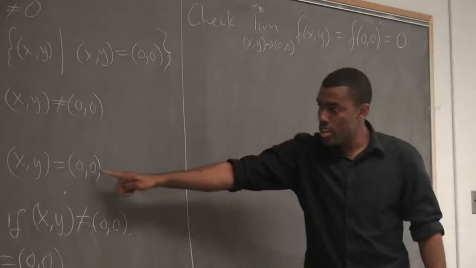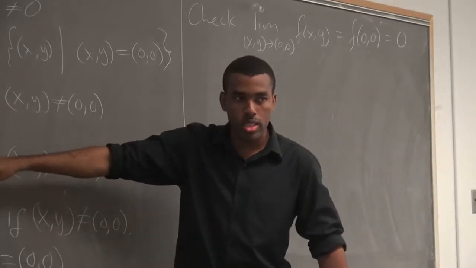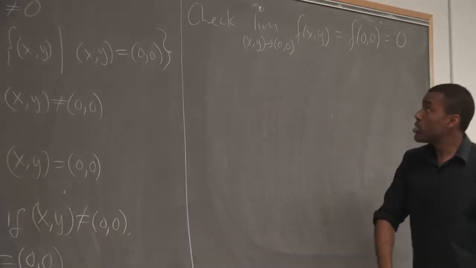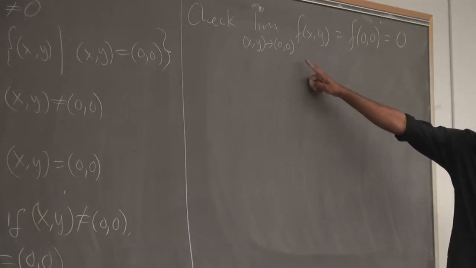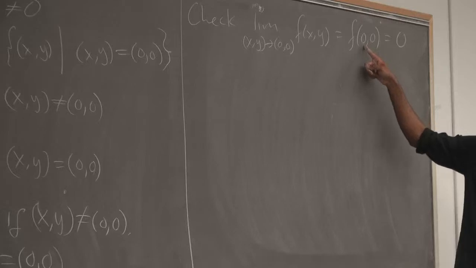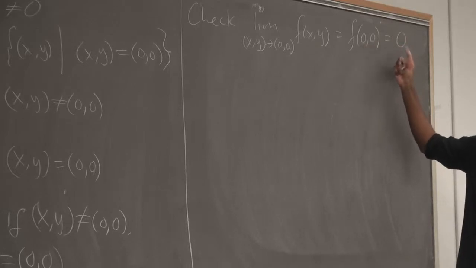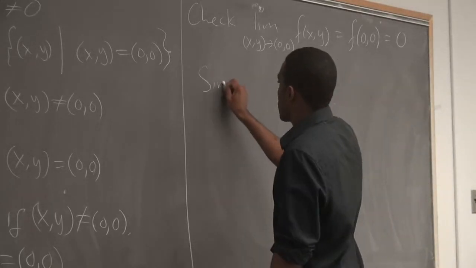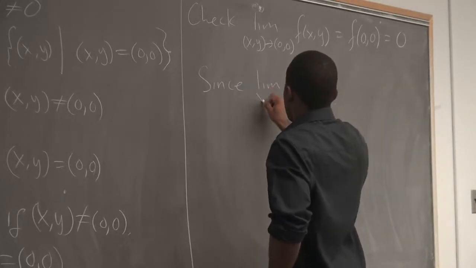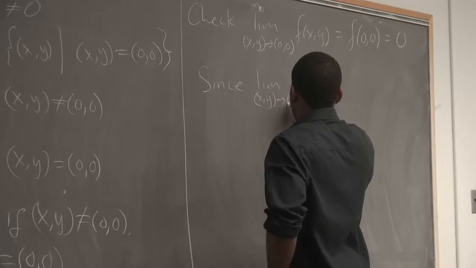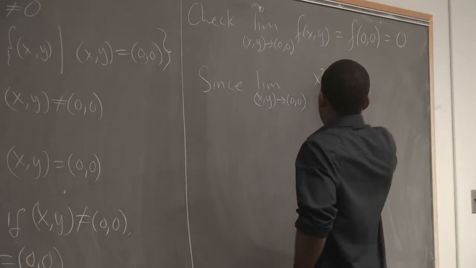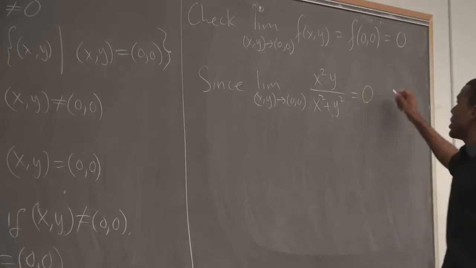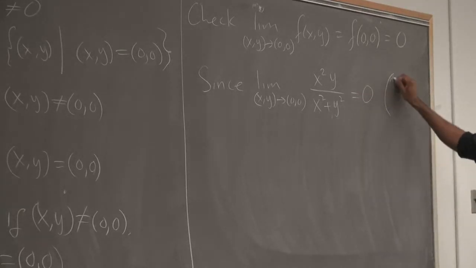So here I said at the origin I define my function to be 0. If I'm not at the origin, I'm that. So what I'm going to do is take a limit approaching the origin, and I should get the same definition at the origin, which is 0. And is that the definition that we got? Since it equals 0, we actually did this in last class.